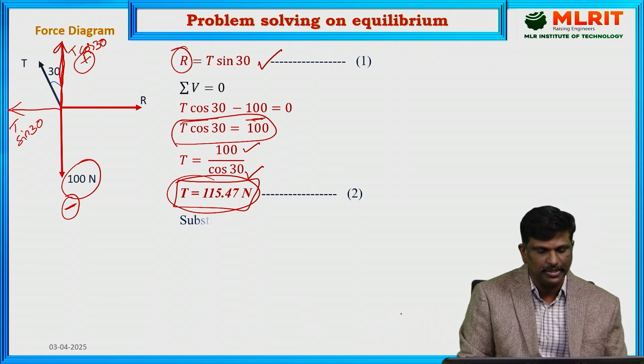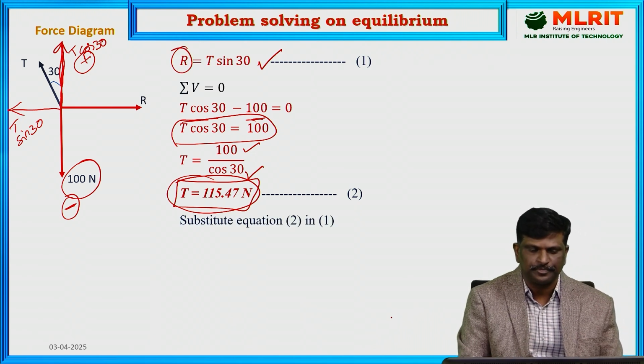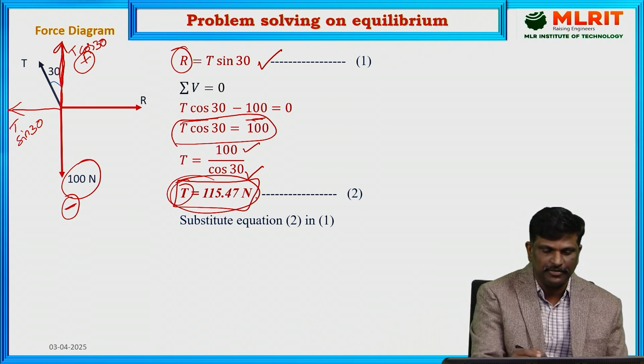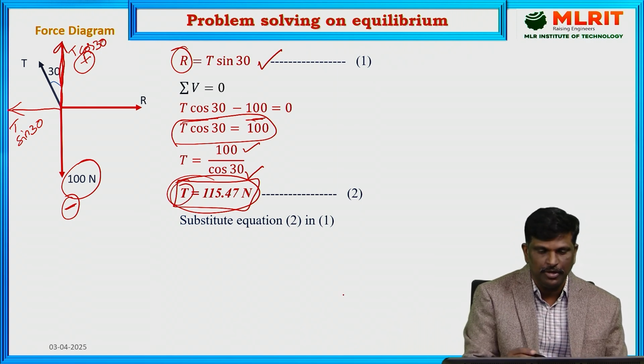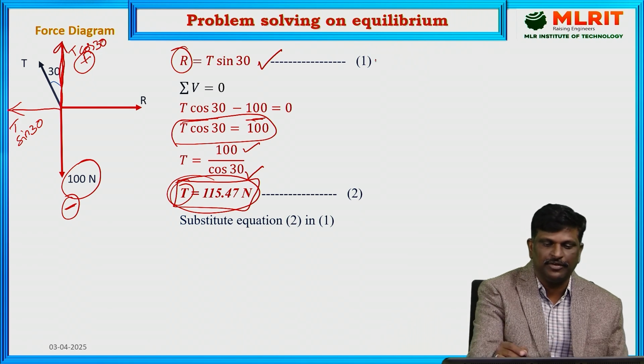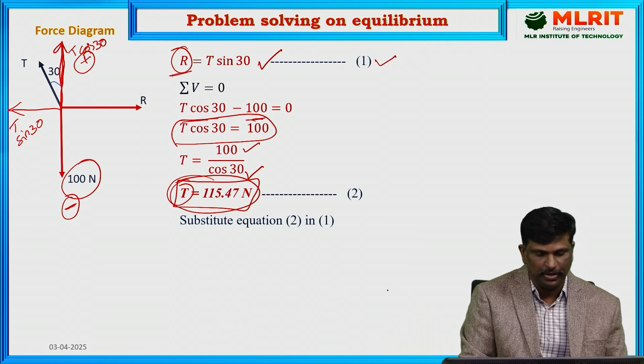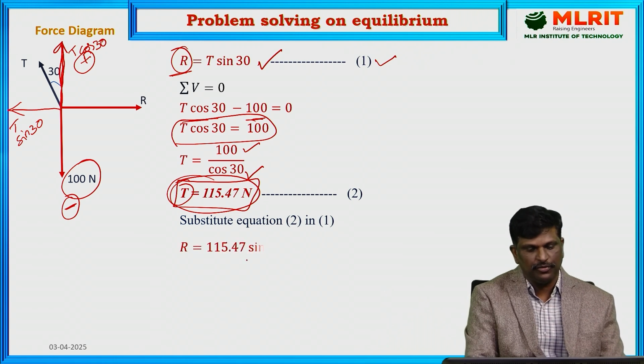So, substitute the value of tension in the string, which we have obtained from the equation sigma V equals 0, back into equation number 1, so that we can get the reaction from the wall.